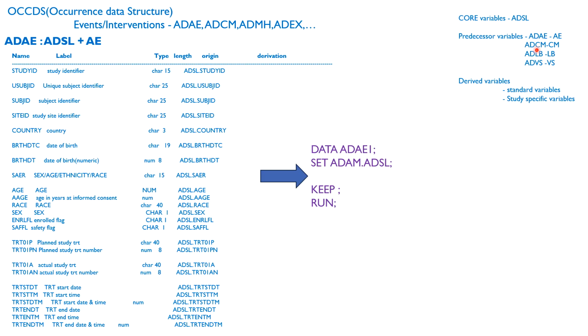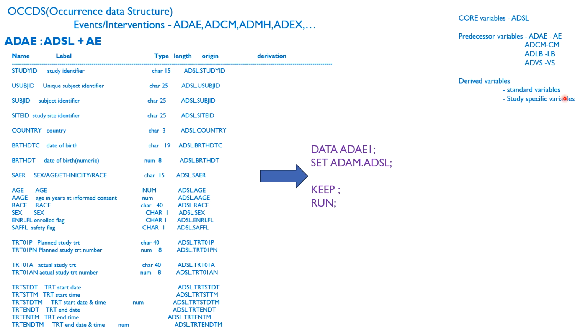Predecessor variables are the variables from the AE in SDTM level, whatever variables there are in AE, all those variables also come in ADAE, and we call them predecessor variables. Other than core variables and predecessor variables, there will be derived variables. These derived variables include standard variables and study specification variables.